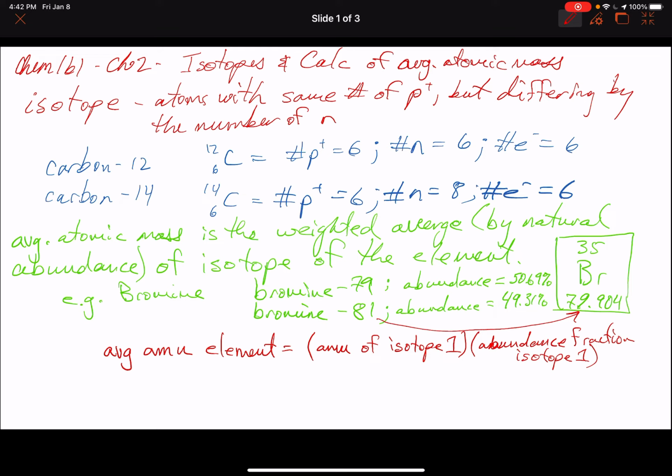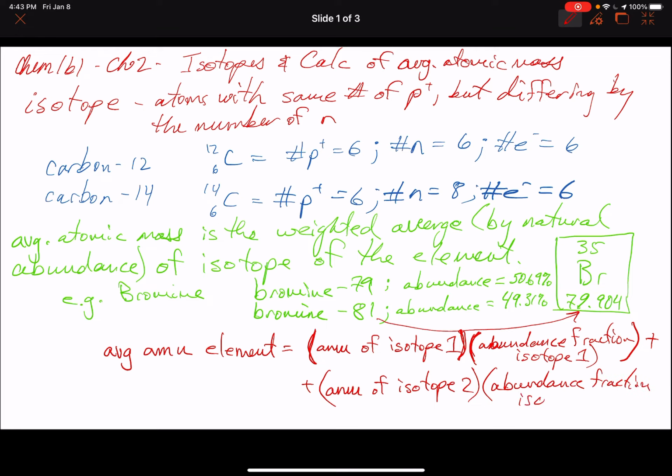That product is the first term, and then we have to add this to the next isotope's equivalent information: the atomic mass unit of the second isotope times the abundance fraction of isotope 2, plus, and then the pattern would continue according to the total number of isotopes that can be naturally found.